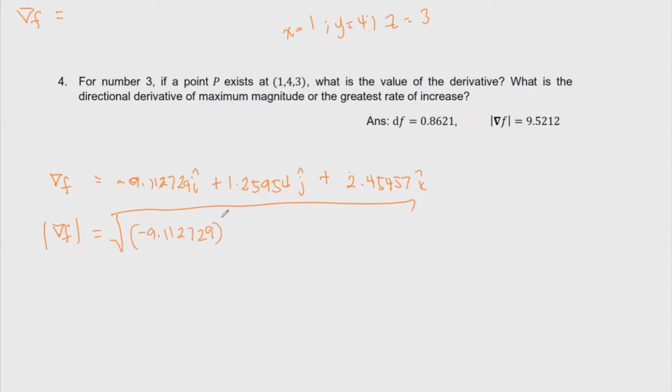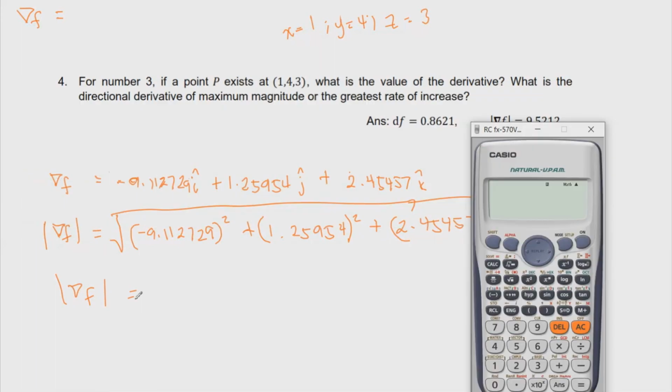We square that, and then we add 1.25954, I think that's 1.2 only, squared, and then plus 2.45457, and then you square that. Okay? And finally, you'll be able to get the resultant.